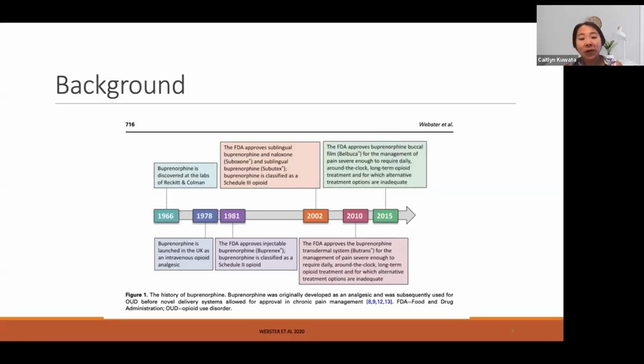And lastly, in 2015, the FDA approved buprenorphine buccal film. The buccal film Belbuca was for the management of severe pain as well. And it's really important to just see that it was discovered back in 1978, 2002 is when it became popular for use in opioid use disorder, and then later 2010 and 2015 is when the FDA approval for chronic pain management with buprenorphine came into effect.